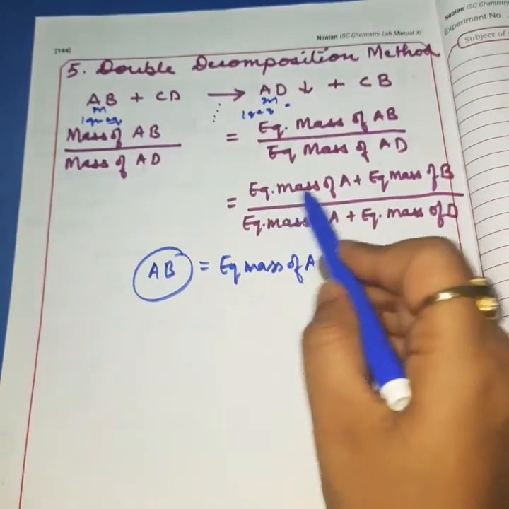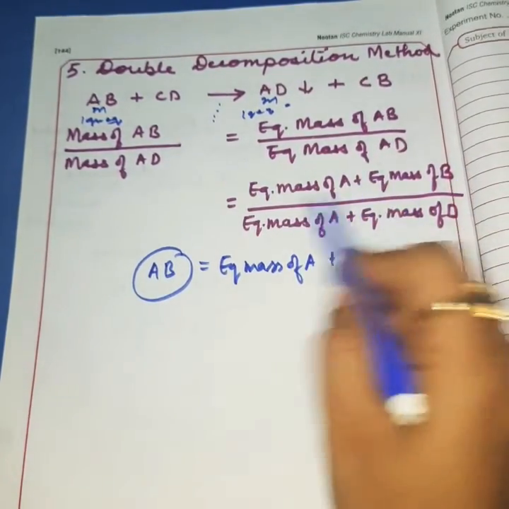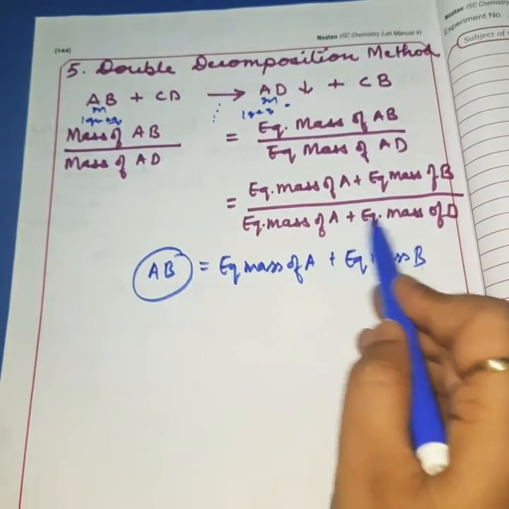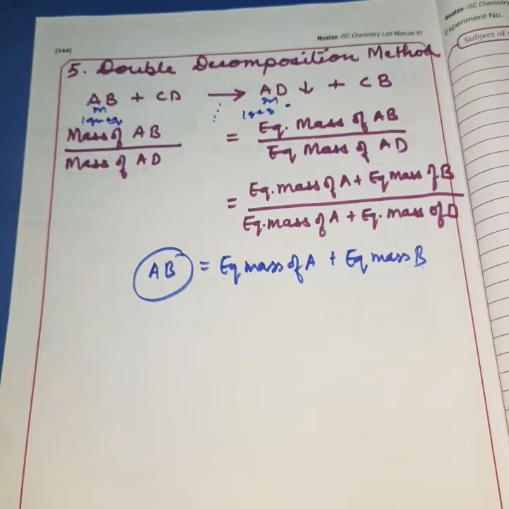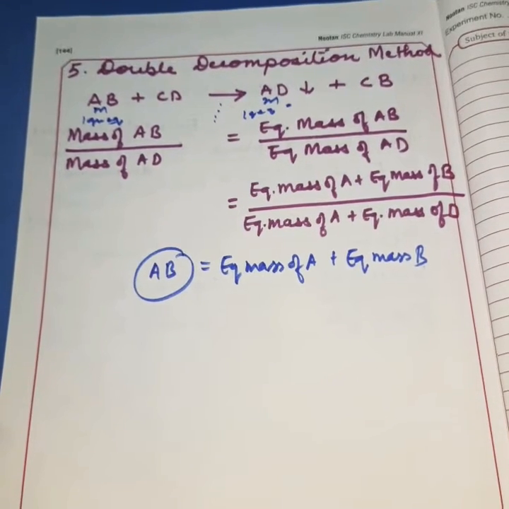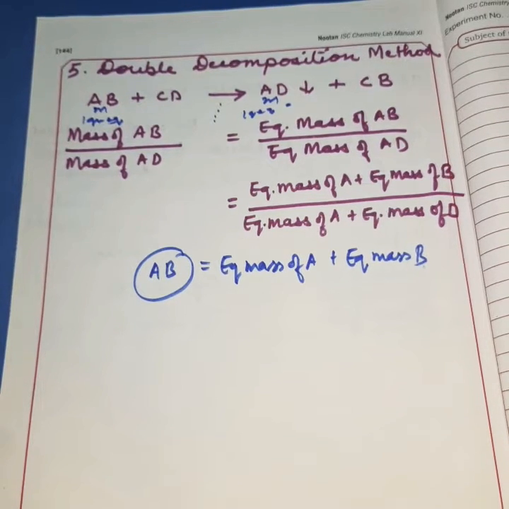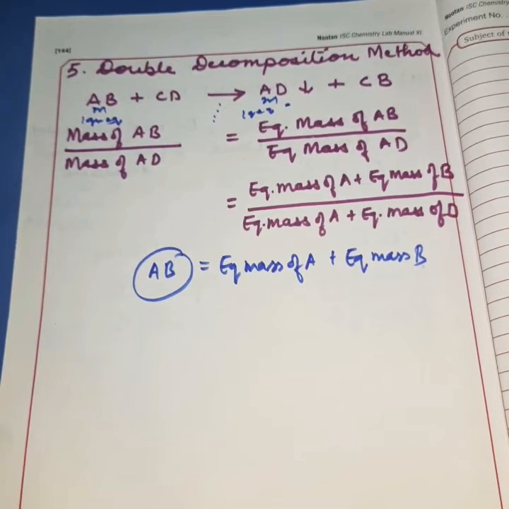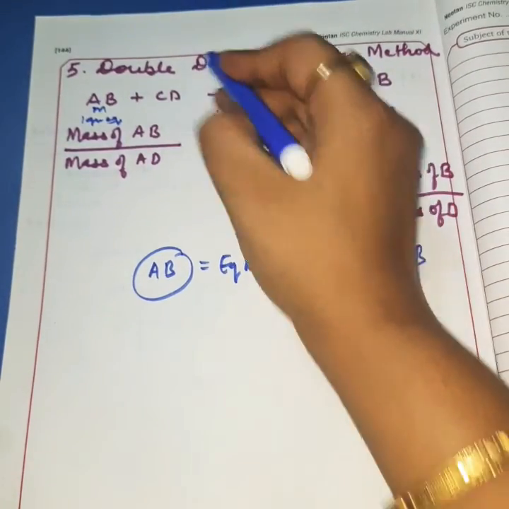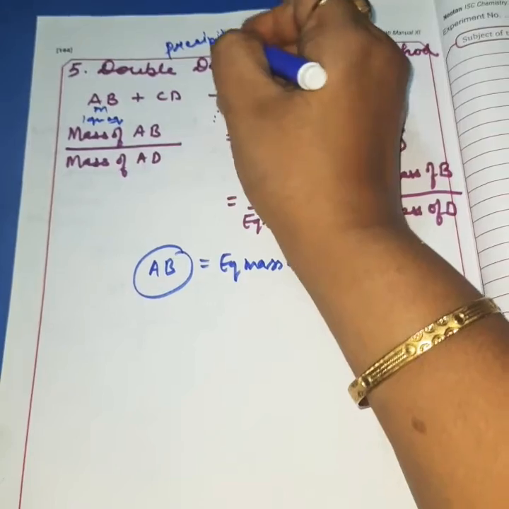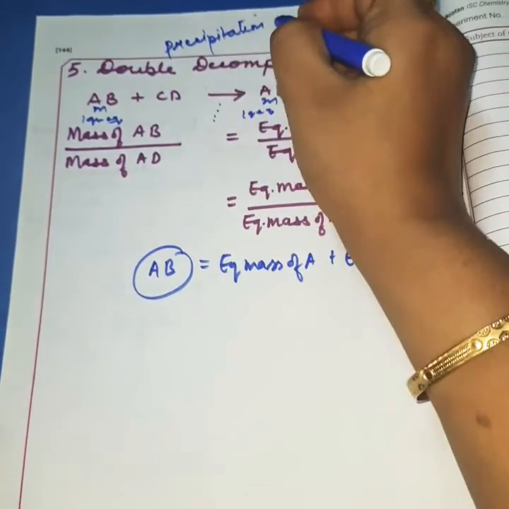So we can write equivalent mass of A plus equivalent mass of B upon, in place of equivalent mass of AD, equivalent mass of A plus equivalent mass of D. So this way this technique can be applied to calculate equivalent mass of such metals, the salt of which can undergo a double decomposition reaction, especially which kind? Precipitation reaction. Alright, precipitation reaction.